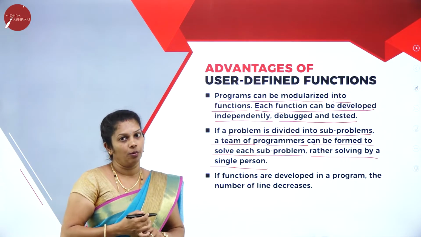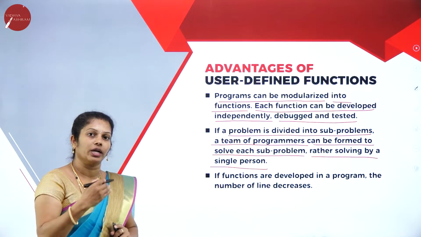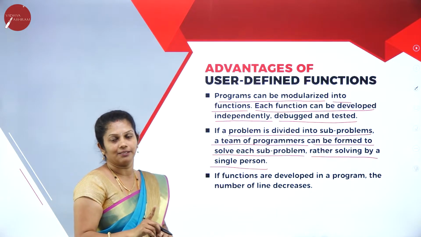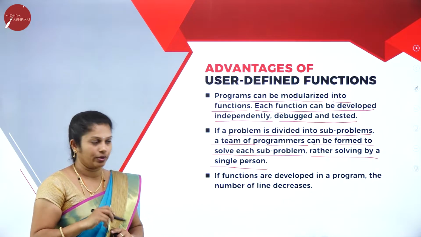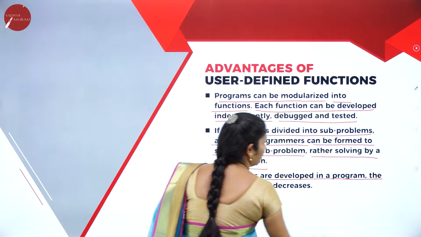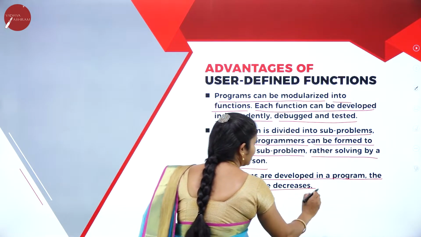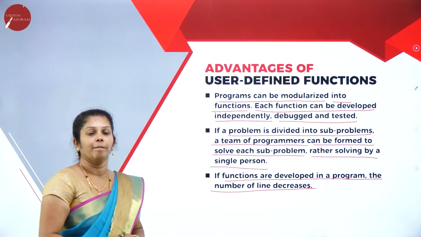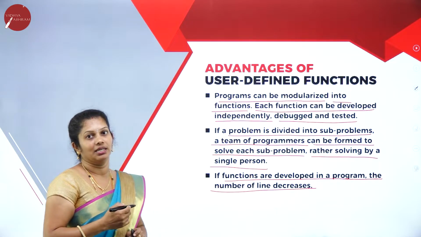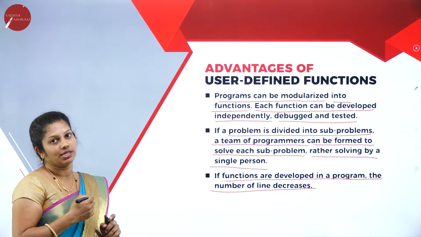Accuracy we are not going to get properly, isn't it? If I divide that work into small units, teamwork can be performed, time consumption will be less, and accuracy will be more. And if functions are developed in a program, the number of lines decreases here. Especially, we can reduce the number of lines of statements here.